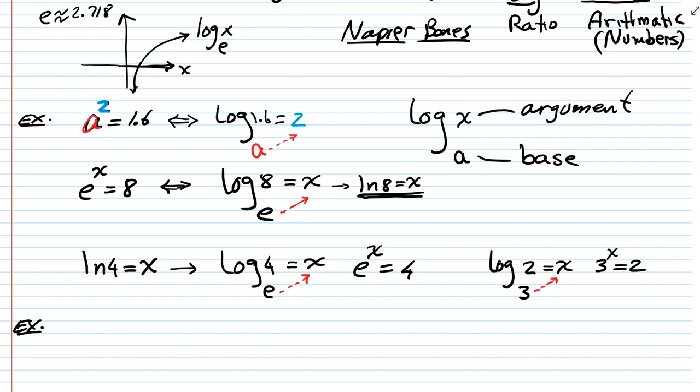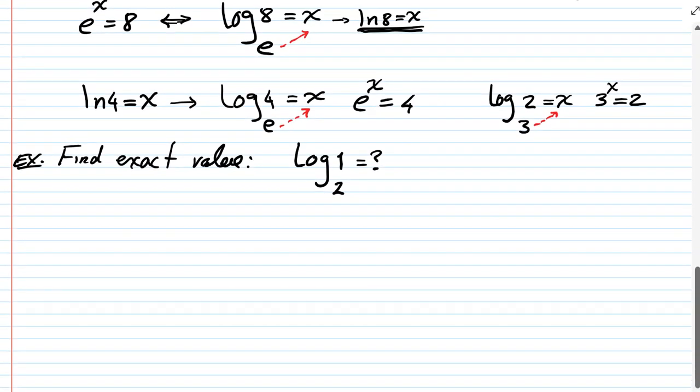In this next example, let's say I want to find exact values now. Find the exact value of an expression. What is the expression? Let's say the expression is log of 1 in base 2. I want to know what this equals without the use of a calculator. So to evaluate this, I'm going to rewrite it using exponential form, because that's the only way I understand logarithms, in their exponential form.